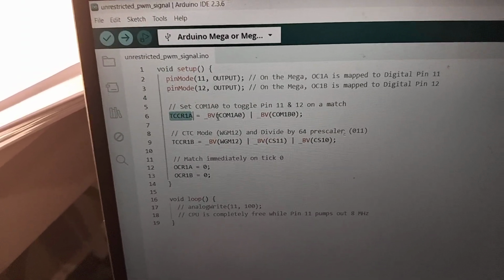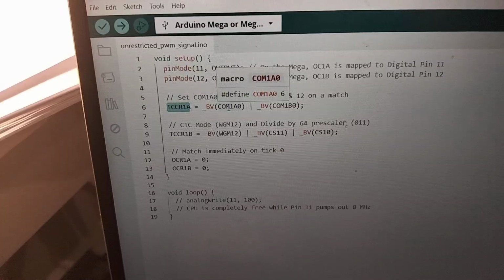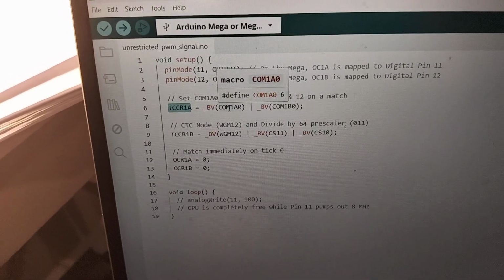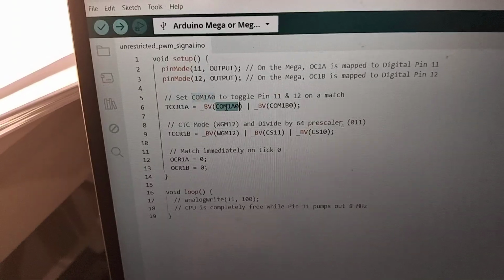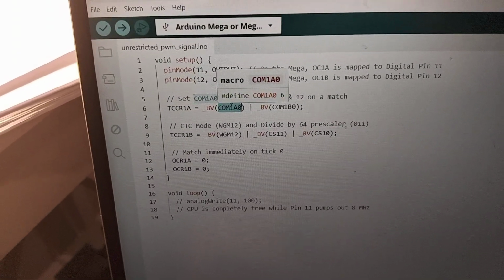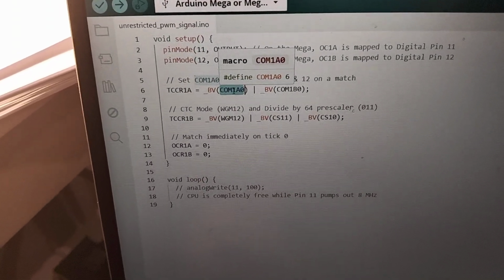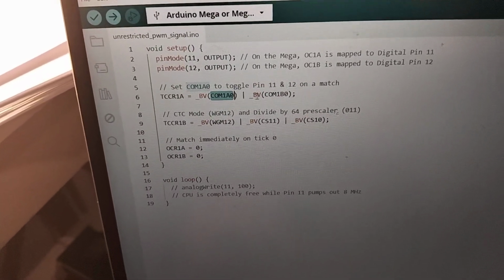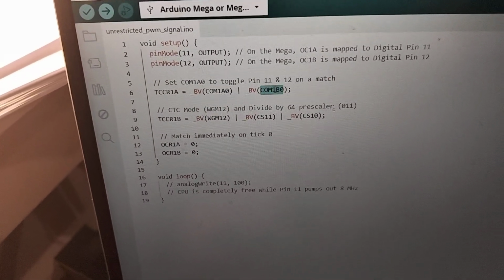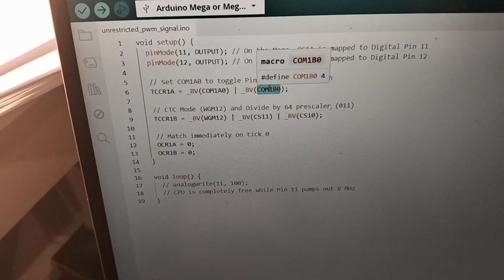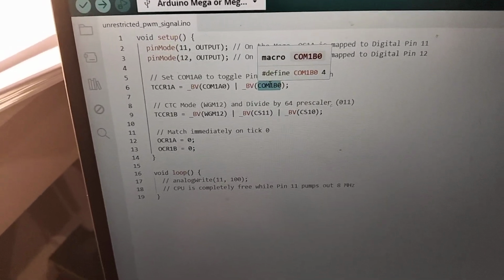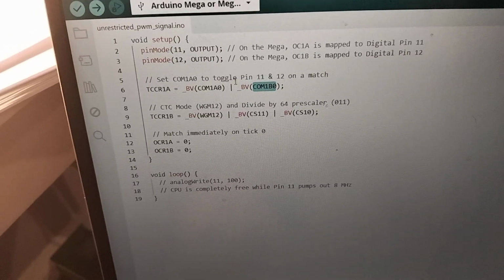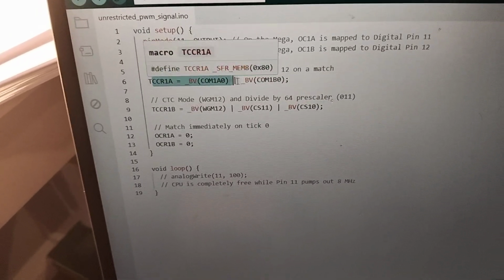If the 6th bit is present, then it's going to flip pin 11, and this one is, I believe, the 4th bit. If the 4th bit is present, it toggles pin 12. So that's what this instruction is doing.